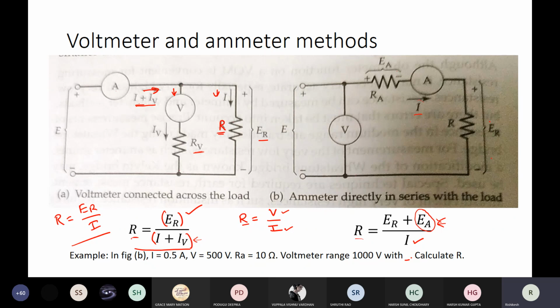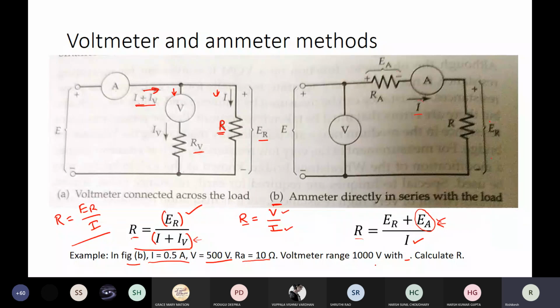So in this configuration, let's say the current measured by the ammeter is 0.5 ampere, and the voltmeter is measuring 500 volts. I'm talking about figure B. The ammeter resistance is 10 ohms, quite small, but it is finite, so it is non-zero.